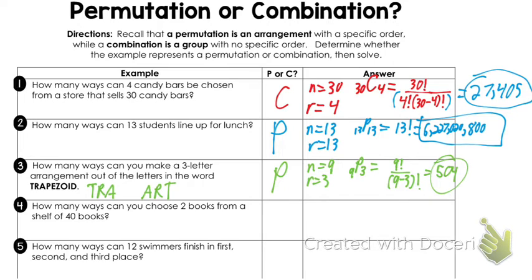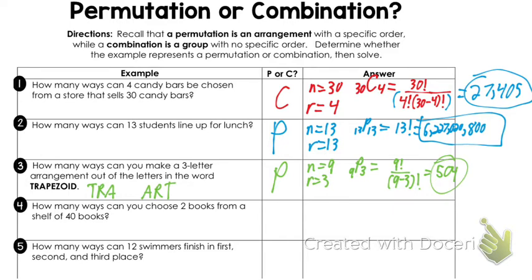How many ways can you choose 2 books from a shelf of 40 books? I want you to write down in your paper whether you think it's P or C, permutation or combination. So remember, permutation, the order matters. Combination, it doesn't.